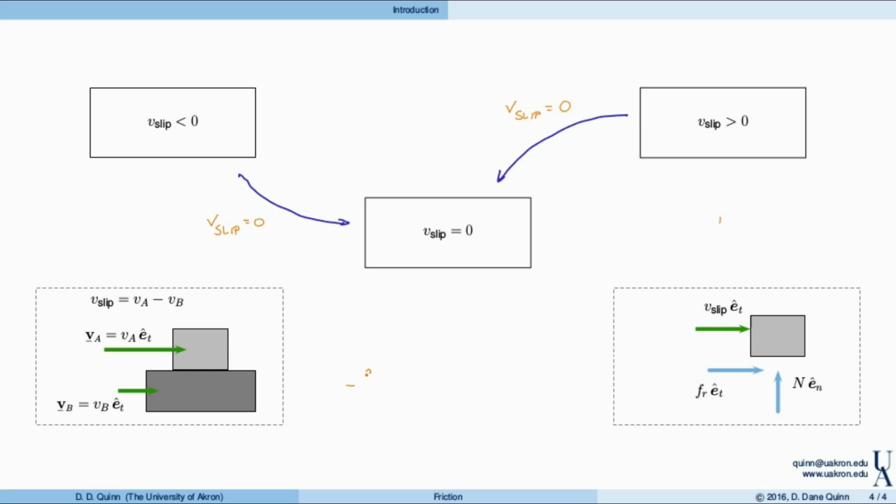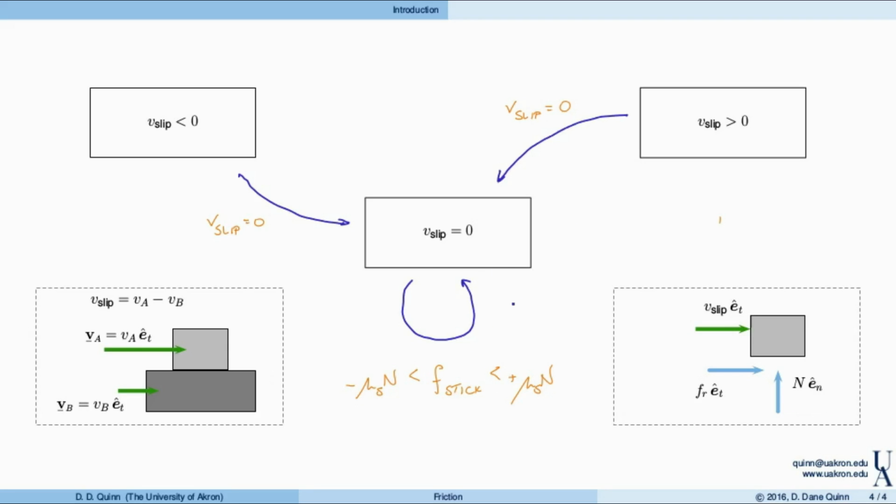So if the sticking force is greater than minus mu s times N, but less than plus mu s times N, then the block just remains in this state. There's no relative motion, and the two objects stick together. So we'll represent this by an arrow back onto this block.